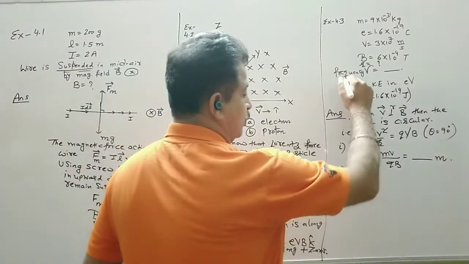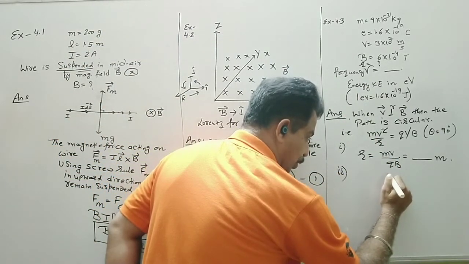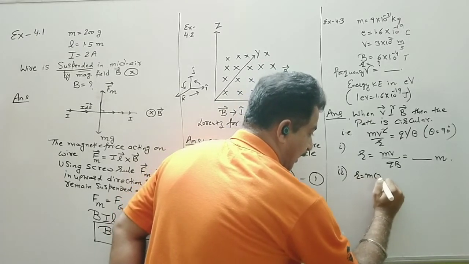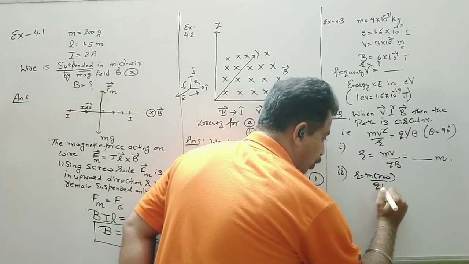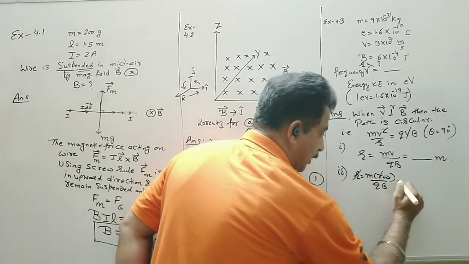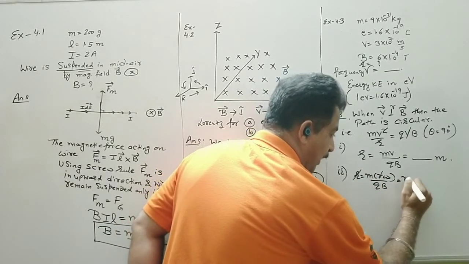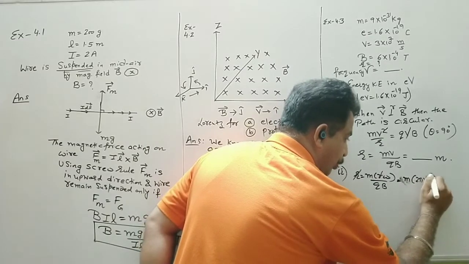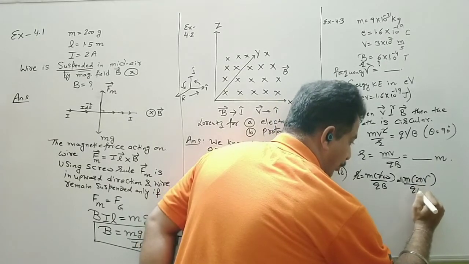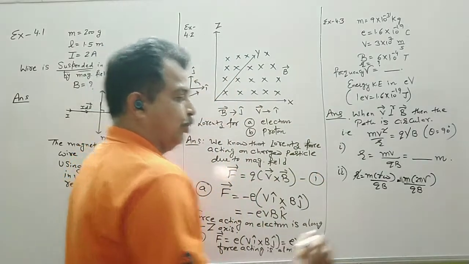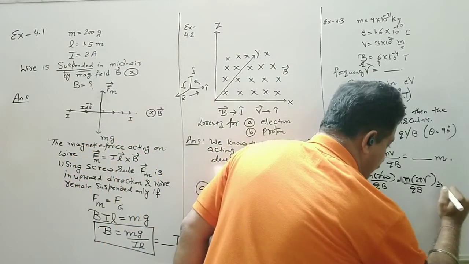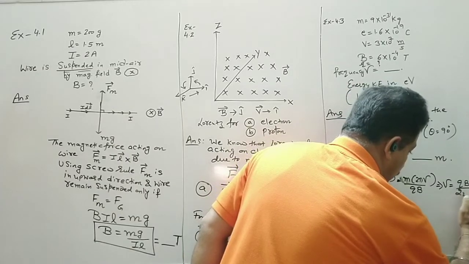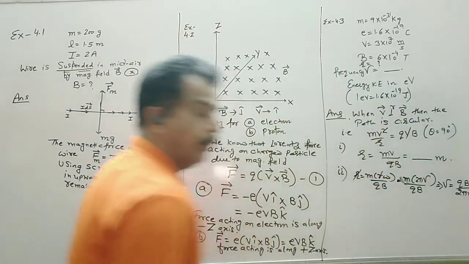If I want to find out the frequency, in the place of v, I write r omega upon qB. So r will be cut, and in the place of omega, I will write 2 pi nu, that is the frequency, upon qB. So this implies nu is equal to qB upon 2 pi m.